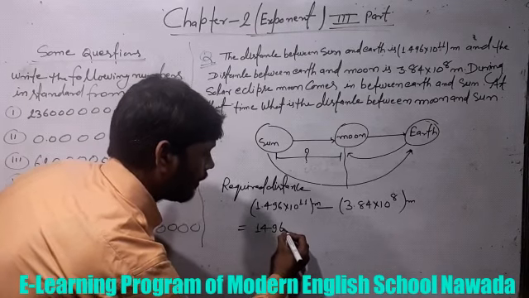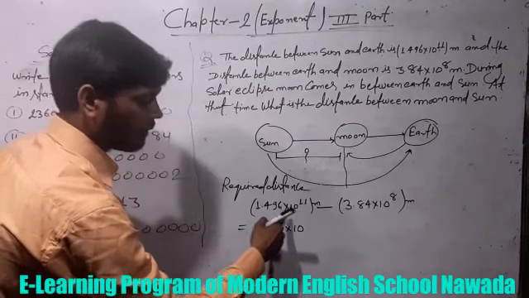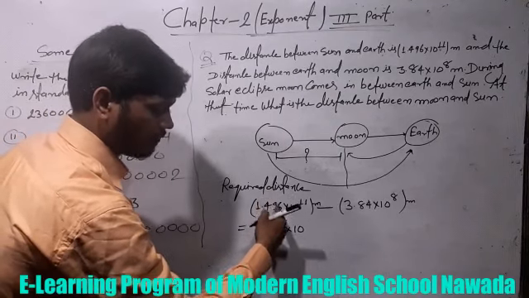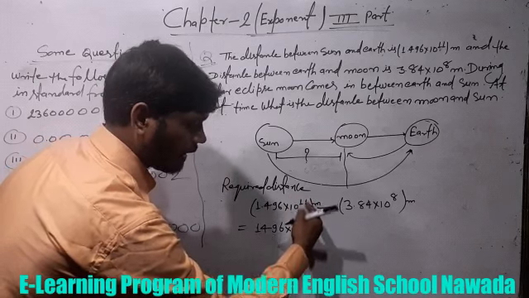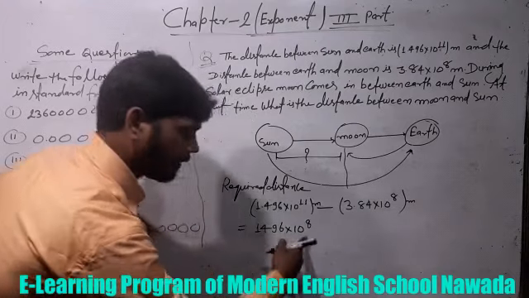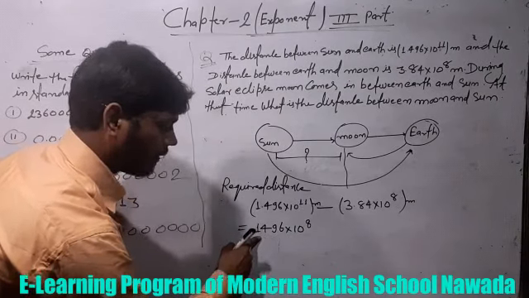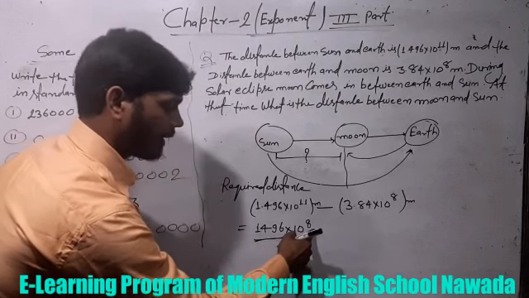Then the point comes from here to here, so I write 1496 into 10 to the power, here the point moves 3 digits, so 3 is subtracted, that means 8. You can write it as 1496 into 10 to the power 8.